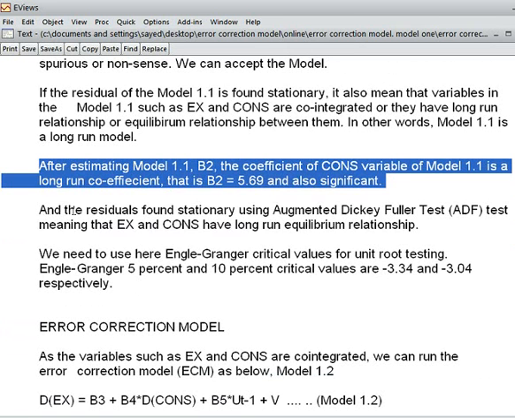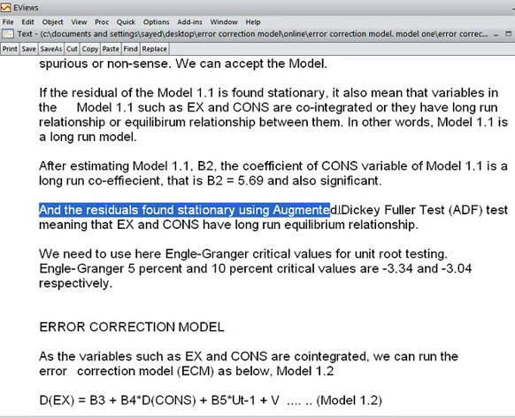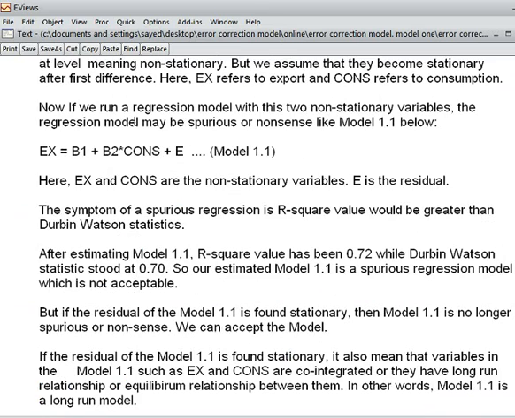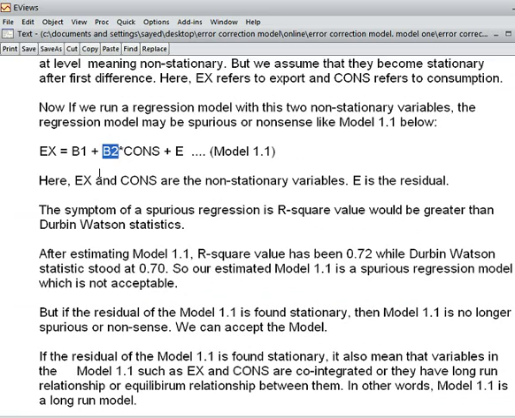And we have already tested and found that the residual is stationary using the augmented Dickey-Fuller test, meaning that ex and cons have long run relationships, or these two variables are co-integrated, meaning that model 1.1 is a long run model and B2 is long run coefficient.